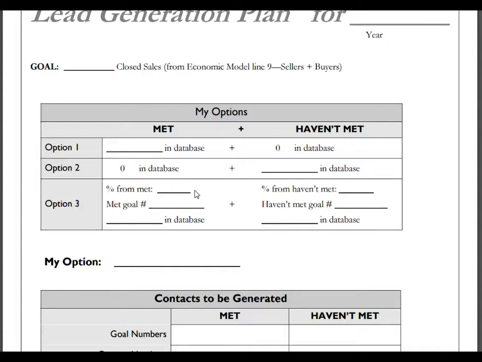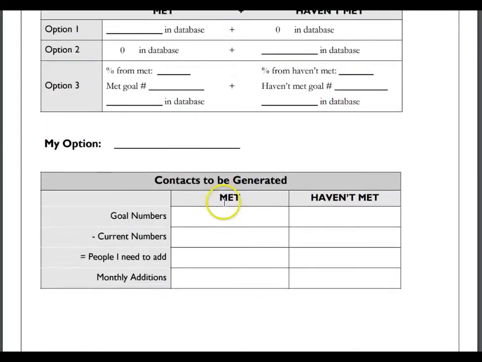So you divide 360 by 2, and then you know you need 180. So your goal is 180, and you have 150. So you come down here, your goal number is 180, minus the 150 you have. So you have to add 30 people to your database, and you divide that by 12. So 30 divided by 12, you need to add 2.5 people per month.